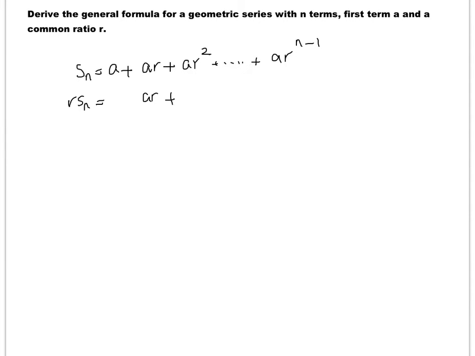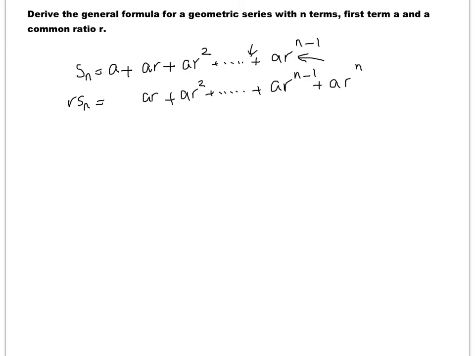Now if I multiply AR by r, I get AR squared, plus, and the last term here, which is AR exponent n minus 2, if I multiply by r, I get AR exponent n minus 1, and if I multiply this term by r, I get AR exponent n.